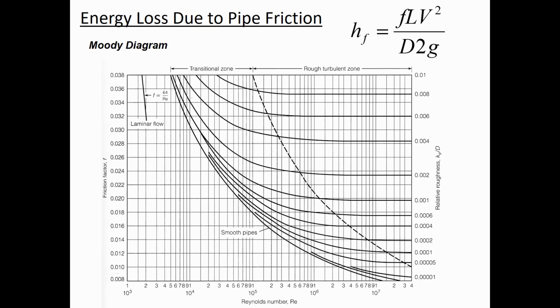So there's a series of techniques that you'll learn next semester for how to solve this iteratively, starting with the guess value for F and then checking the guess and making a correction and so on. For now, just be content that there is this thing called a Moody diagram, and that's where you get the F value for the Darcy-Weisbach equation. Any questions so far?